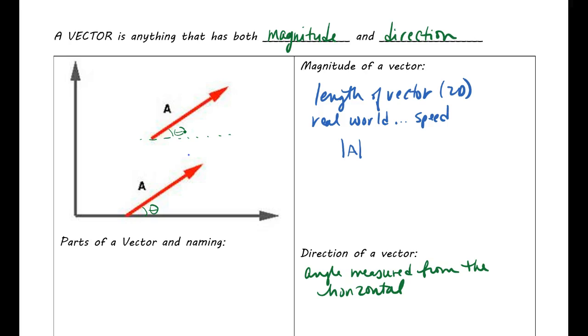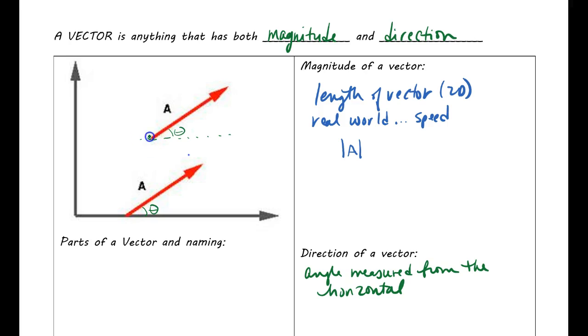Now, there's other parts of a vector, and that's what this section is going to be, parts of a vector and naming it. You already know magnitude, that's the length. You already know direction, and that's just the angle.